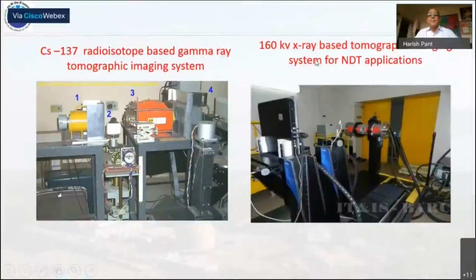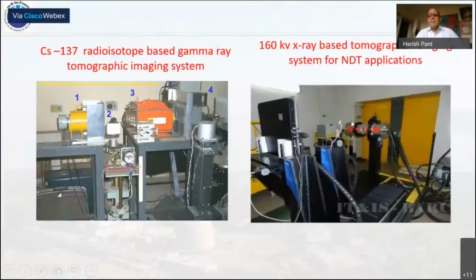And in this photograph there is an X-ray based tomographic imaging system. All these systems are for NDT applications, non-destructive testing applications. They are not meant for medical application. But the principle of medical tomography and industrial tomography is almost the same.